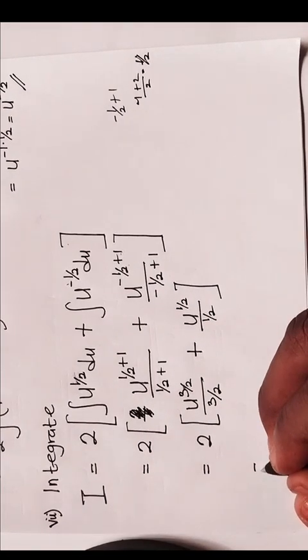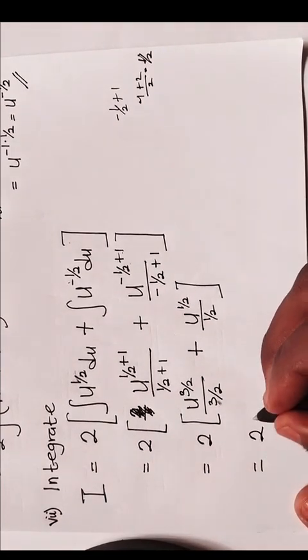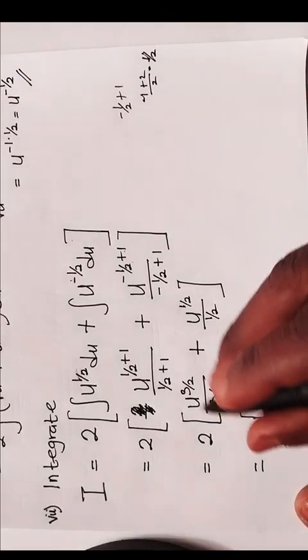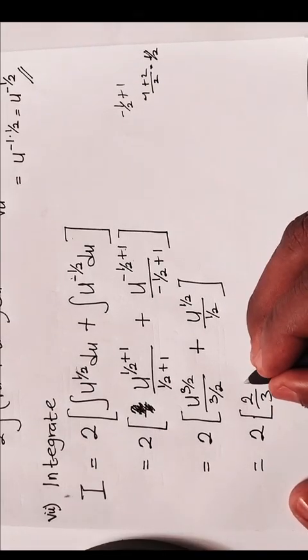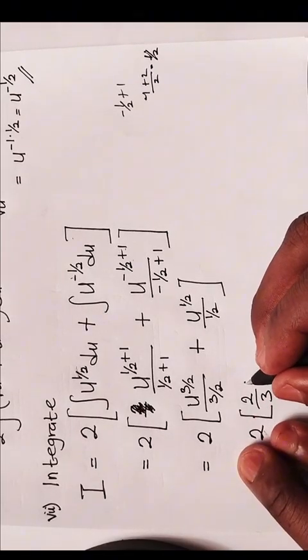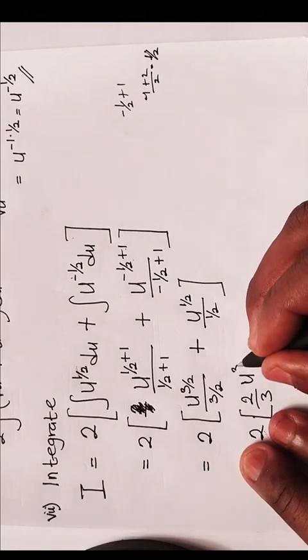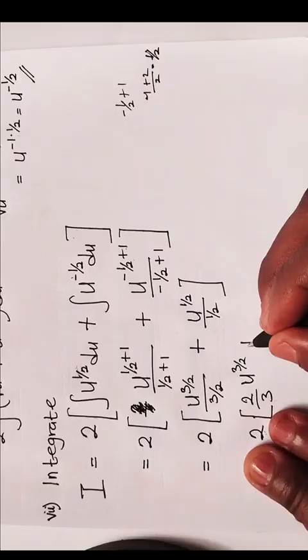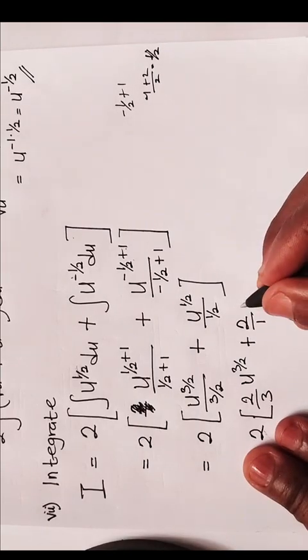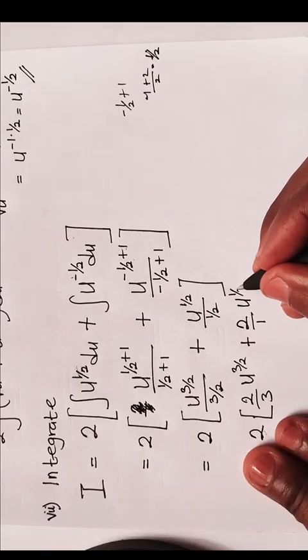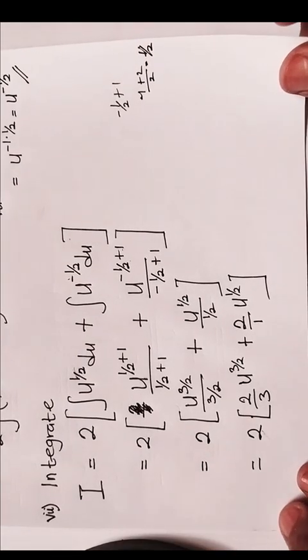Yes, this will now give us 2 into, if this goes over here, you have 2 all over 3 u raised to the power of 3 all over 2, plus if this goes over here, you have 2 all over 1 u raised to the power of 1 all over 2. So this is what we get.